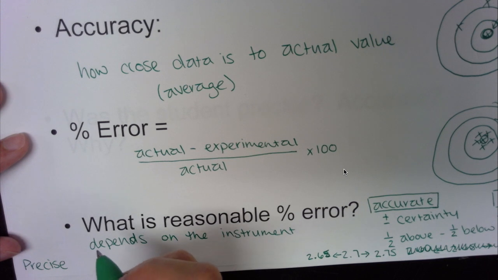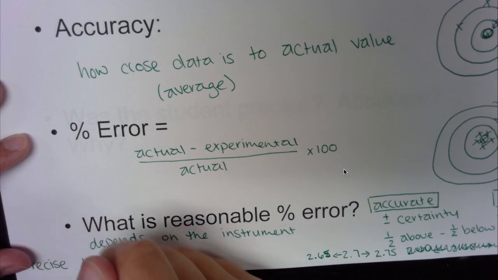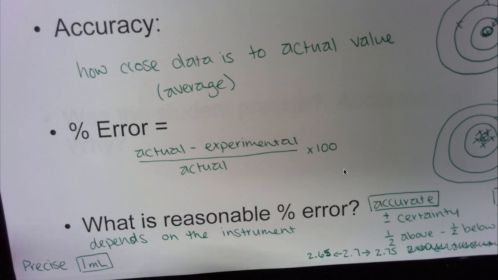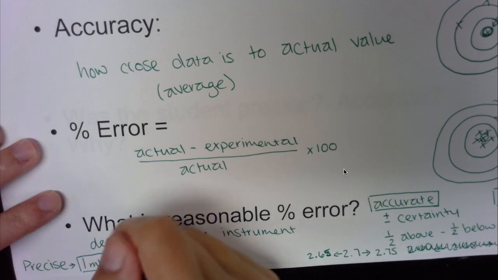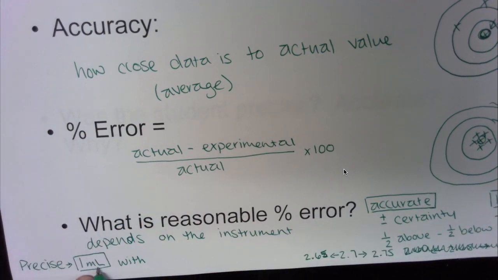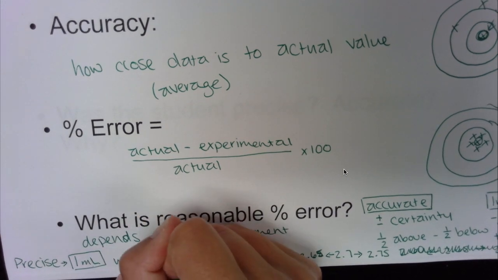They have to be within 1 milliliter of each other. So for that specific example, precision would be within, if your measuring device is still 1 milliliter, that's your certainty. They have to be within 1 milliliter of each other, or the certainty of each other.